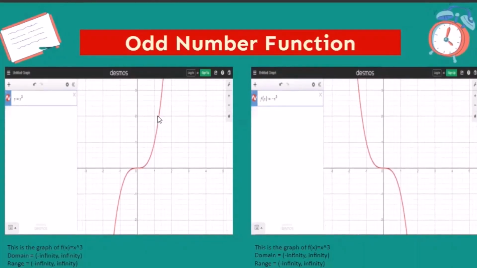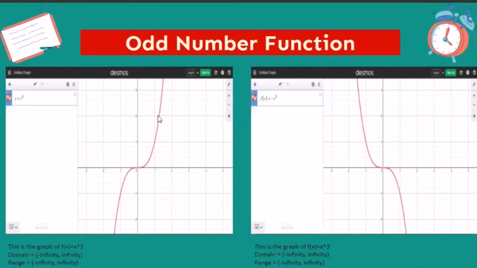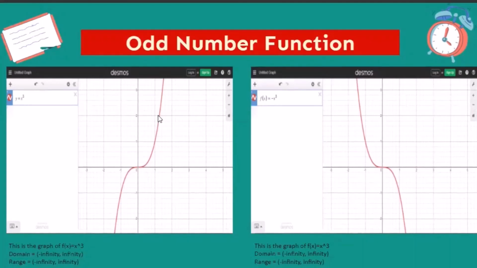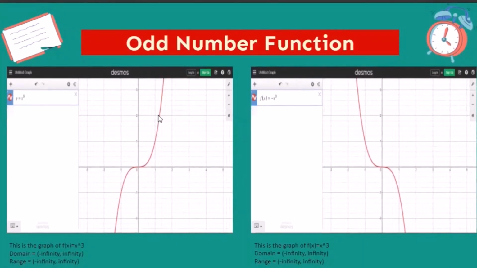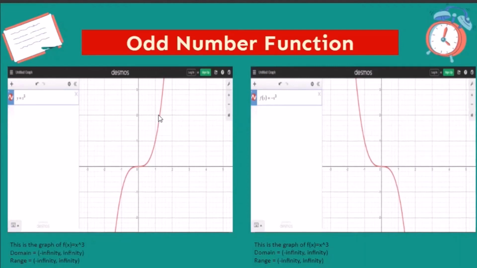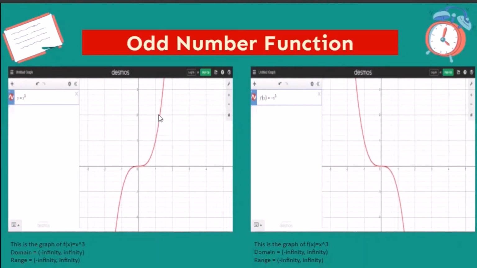And on the right side, this is the graph of f(x) equals minus x to the power of 3. We can see that it is the opposite of the positive function. It starts from the top and goes down, and the domain is minus infinity to infinity, and the range is minus infinity to infinity.